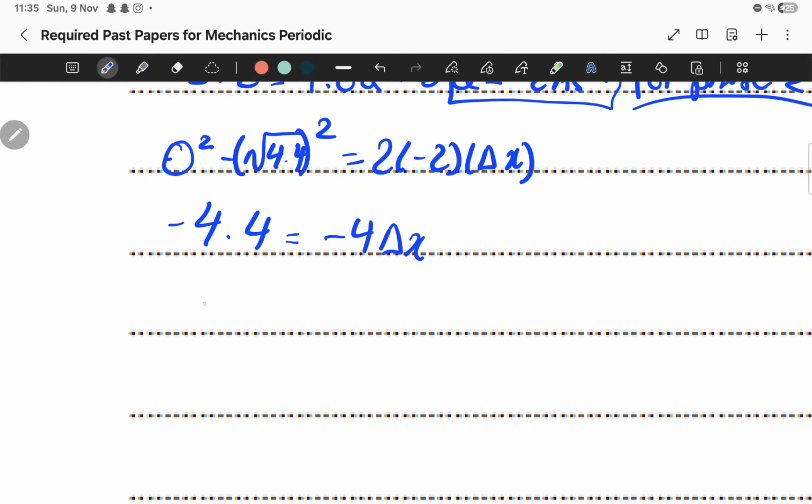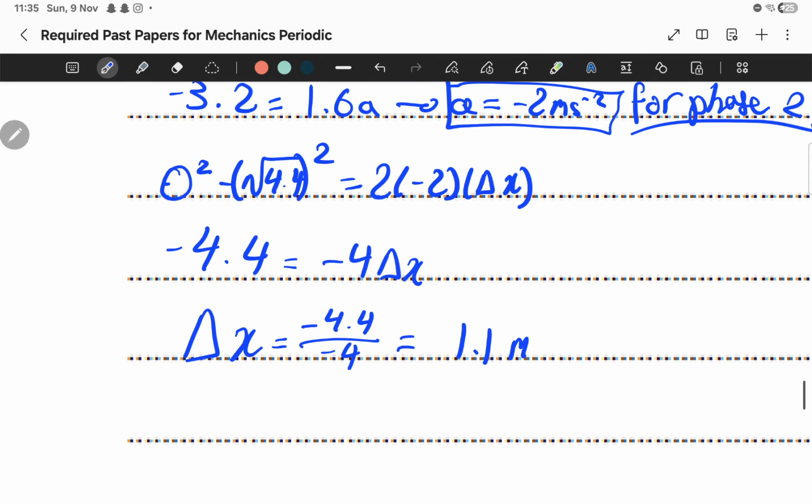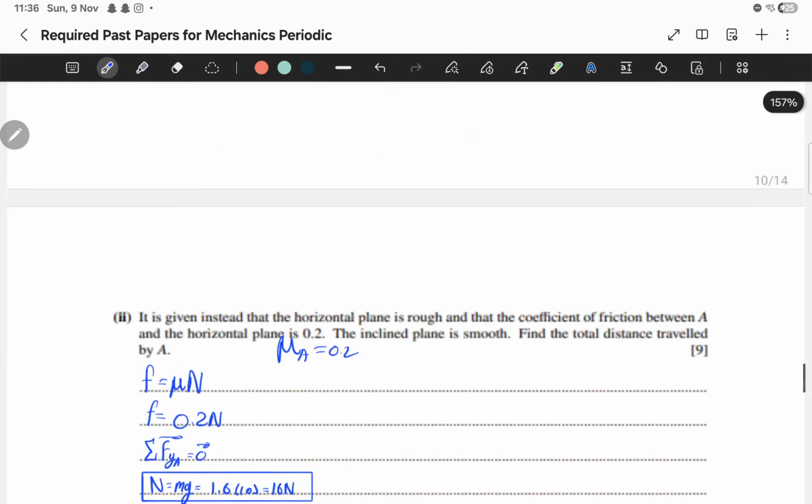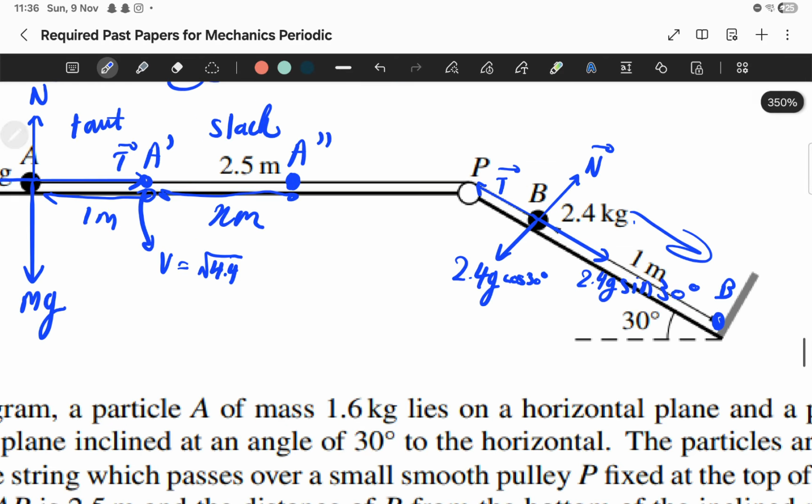Delta x is equal to negative 4.4 over negative 4, which gives you 1.1 meters. I forgot to add the sign. Done. This is the distance traveled in phase 2, which is 1.1 meters.